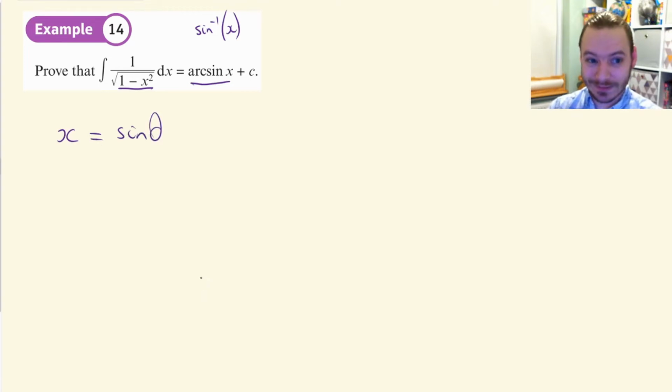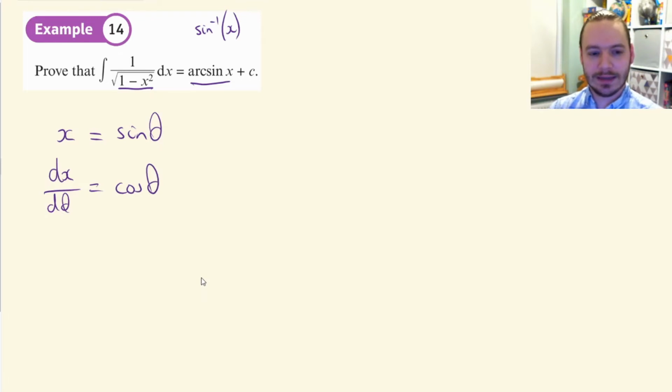Now there's something specific and different about this. Theta is not the subject of my substitution anymore. x is the subject. But using this substitution, we can replace our x's with stuff in terms of theta, with a bunch of trig functions. So let's just look at how that works. First of all, dx by d theta is going to be cos theta.